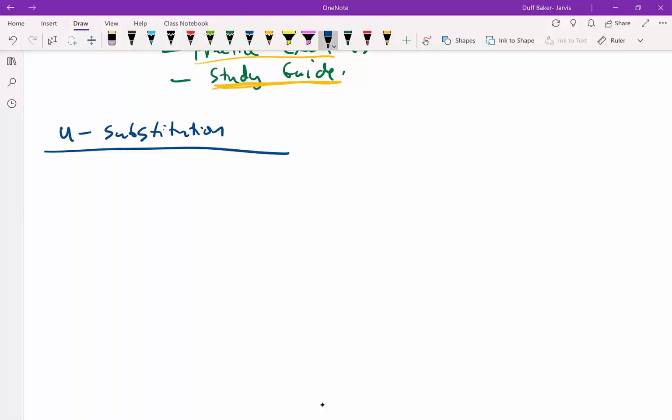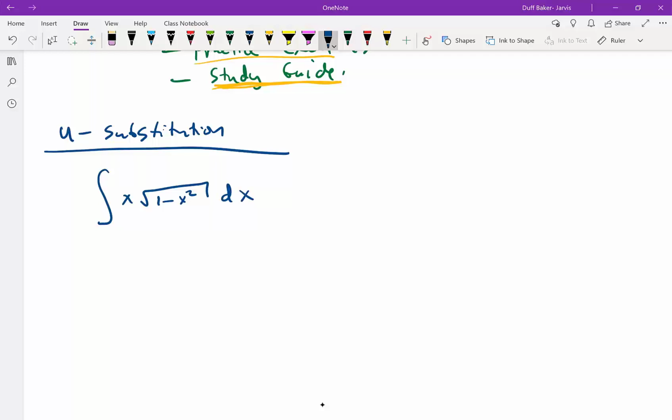So, if we had been given an integral like this, just looking at this, and from what we know so far, unless you just do a bunch of guessing and checking, then you might not immediately know what this antiderivative is.